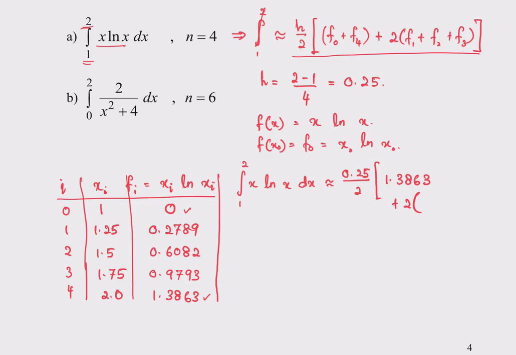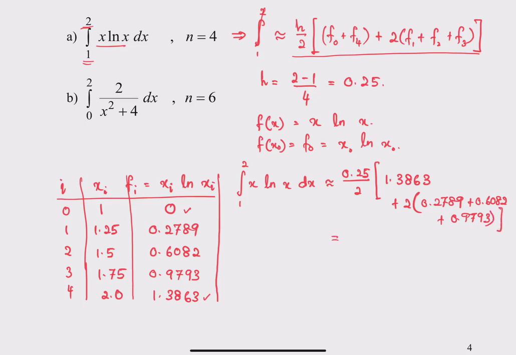The summation of the rest is f1 plus f2 plus f3, so you write 0.2789 plus 0.6082 plus 0.9793.